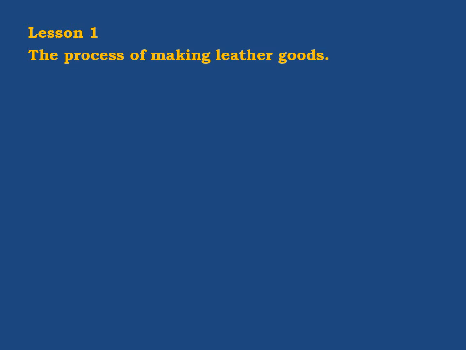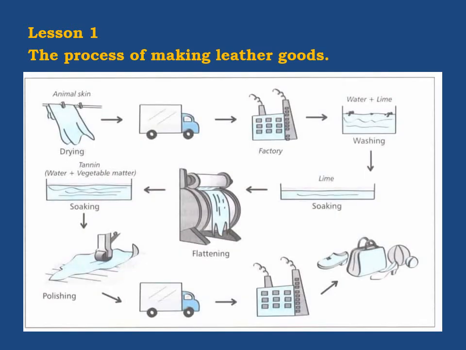Okay, not sentences. Look at this one. So here we have this diagram which describes making leather goods, but not in sentences. You want to transform this diagram into sentences. All right? We want to learn how to do that.